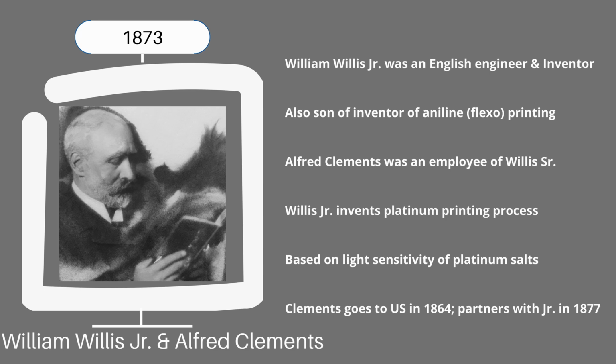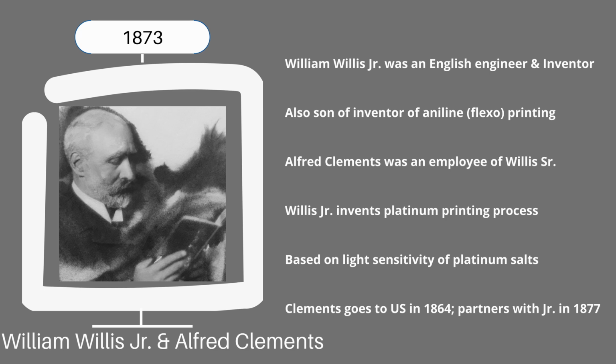Part of the groundwork for William's work was laid back in 1830 by German Ferdinand Gahling, when he discovered that platinum had some sensitivity towards sunlight. In 1873, Willis Jr. made his first platinum print and then patented his imperfect process, which garnered little interest. He reported his work in the British Journal of Photography in 1874.